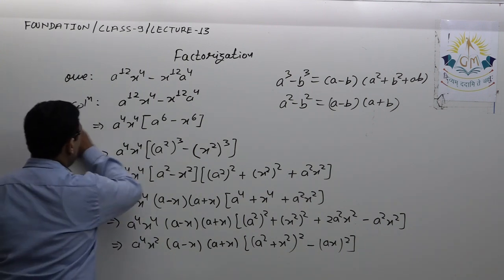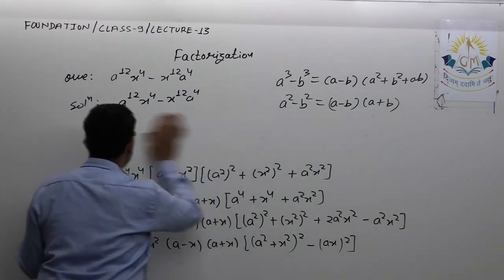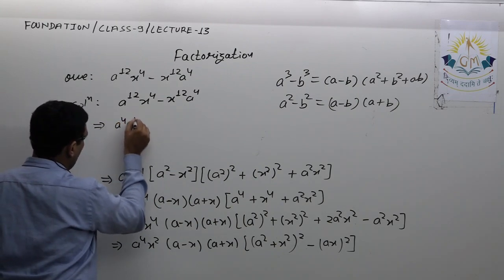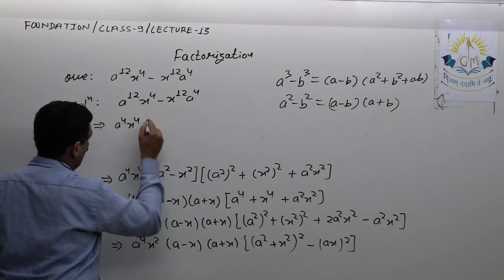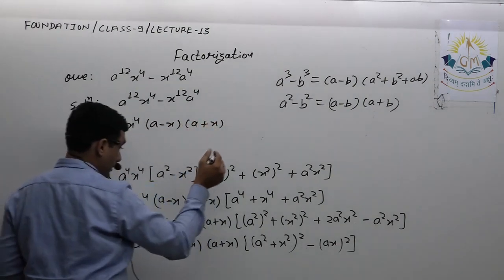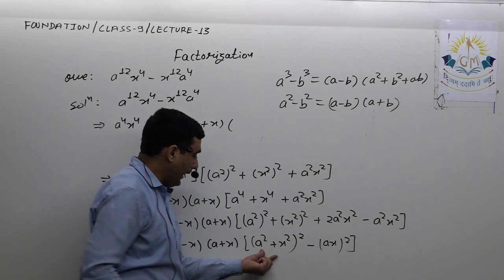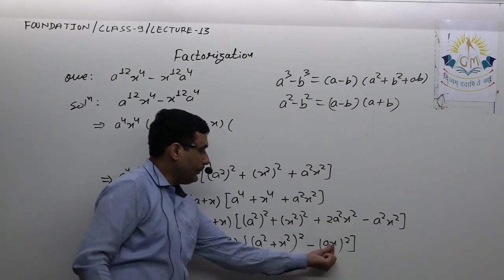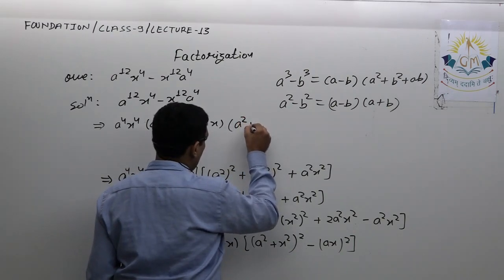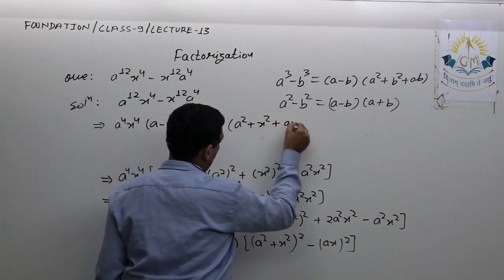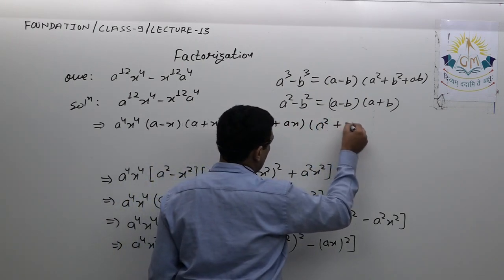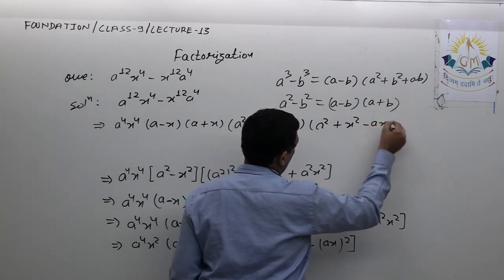Okay, so I'm writing the next step over here. This will become a raised to 4 x raised to 4 into a minus x into a plus x. Now a minus b, that is a square plus x square plus ax, a plus b, and a minus b, that is a square plus x square minus ax.